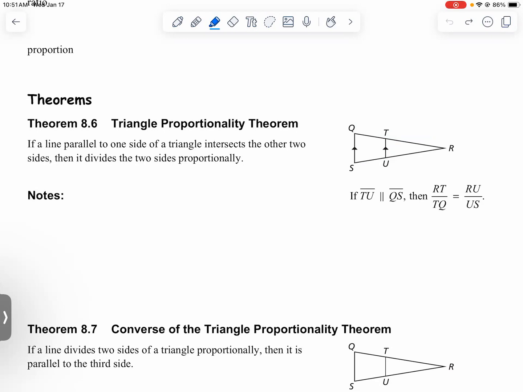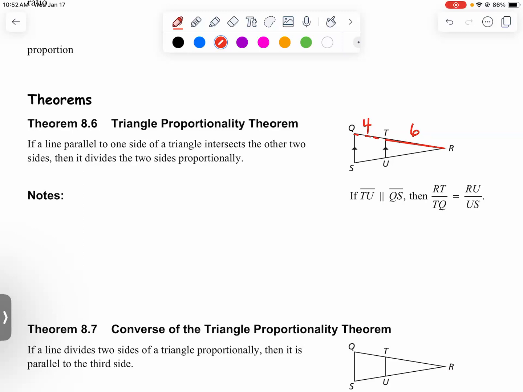So let me give you some context there. Let's say that this right here is 6 and this right here is 4. So what's the whole RQ? 10.